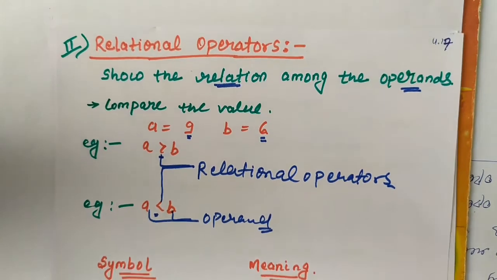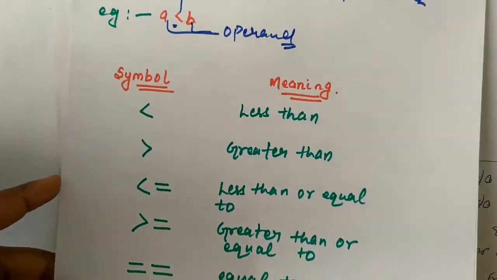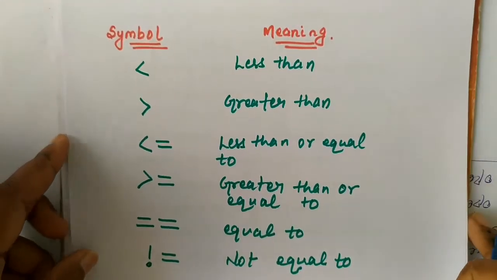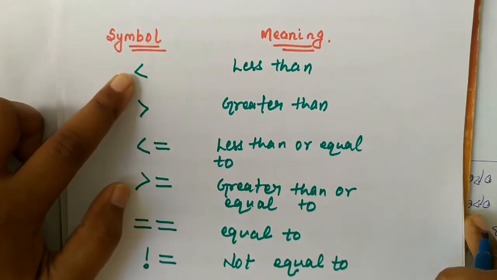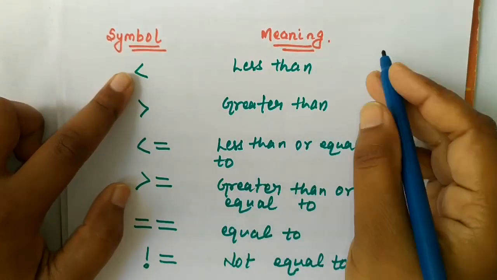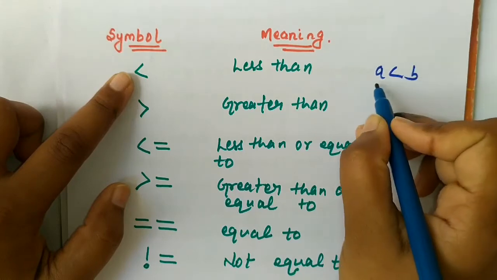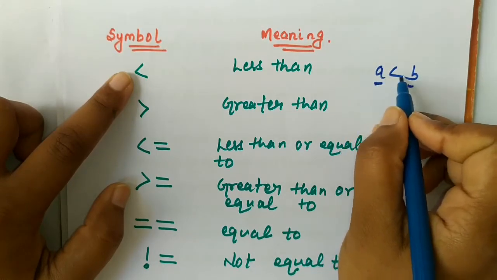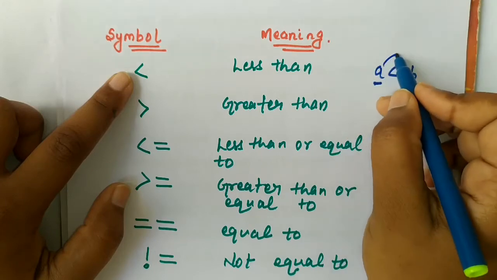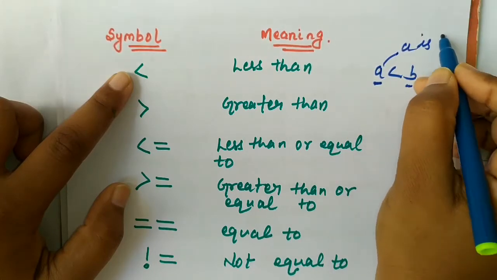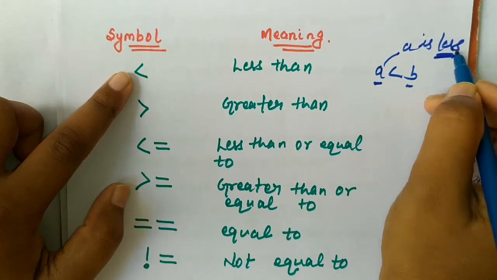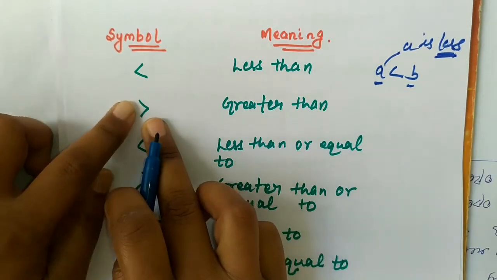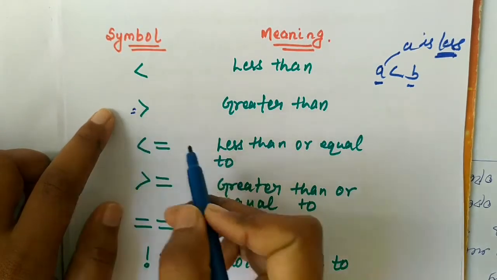So there are different relational operators. First one is less than. This is called the less than sign. Less than means it checks whether the value is less than or not. Here, suppose I write A less than B, that means A is less than B. Second one is the greater than sign.